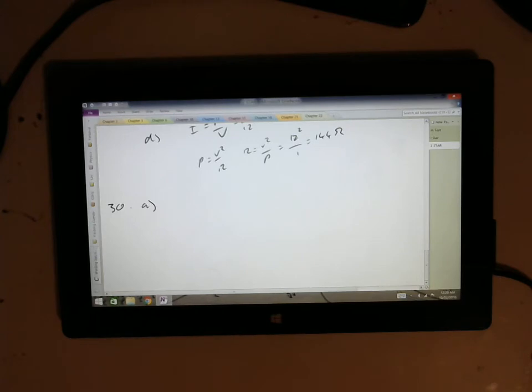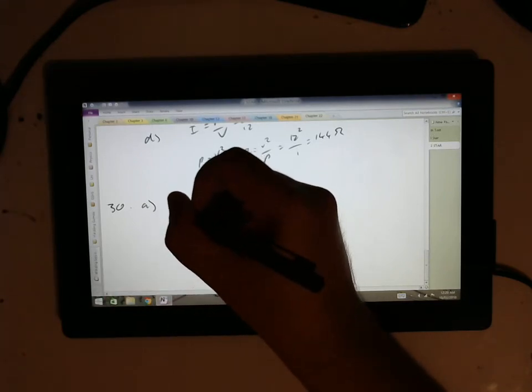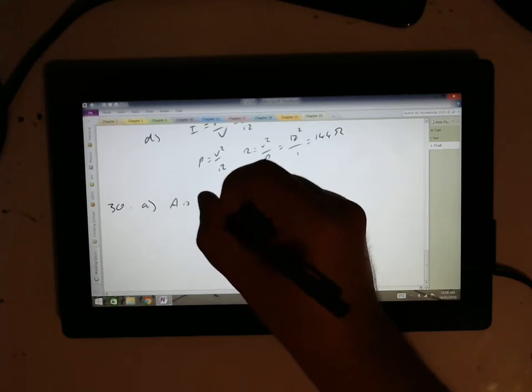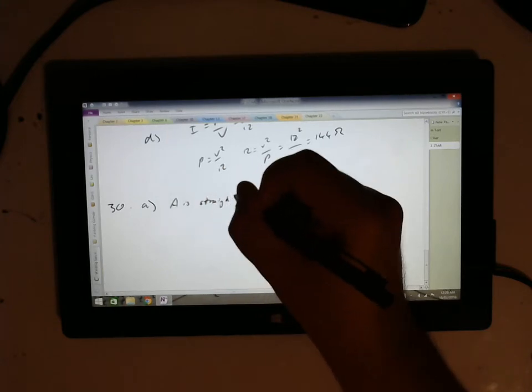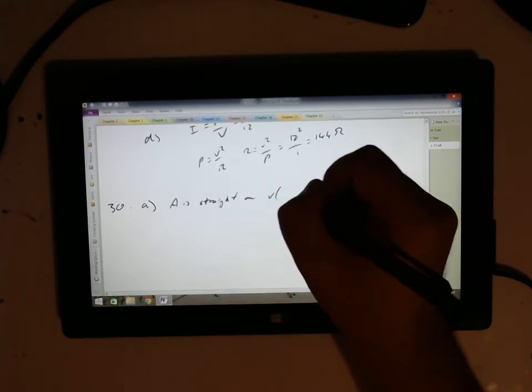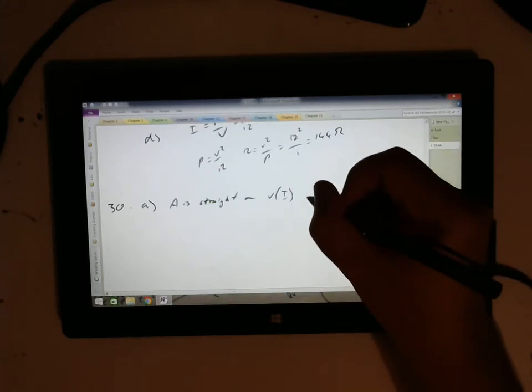Non-ohmic resistors are curved because their resistance will change depending on what voltage and current is being given to them. So, therefore, looking at that, we see that A is straight. A is straight on the VI graph.